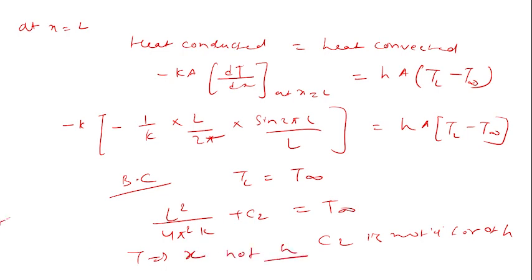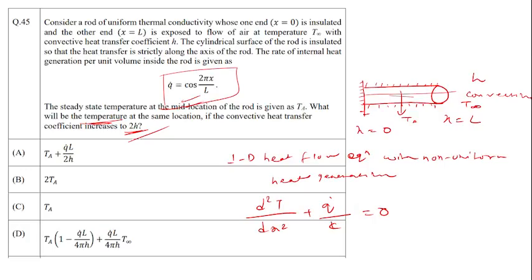So your TA, that is your mid temperature, will be the same even if we double the h. So here in the options, option C will be correct because it will remain the same.